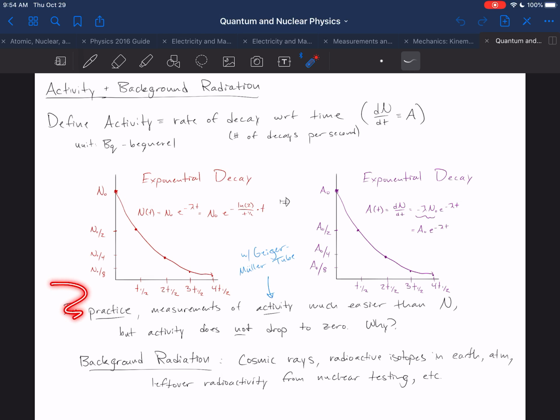So in practice, often the measurements of the activity are much easier than the measurements of the n for reasons we discussed in topic 7. If the half-life is very short, we measure the activity using a Geiger-Müller tube or Geiger-Müller counter rather than a mass spectrometer or the like to determine the isotopic ratio of the materials.